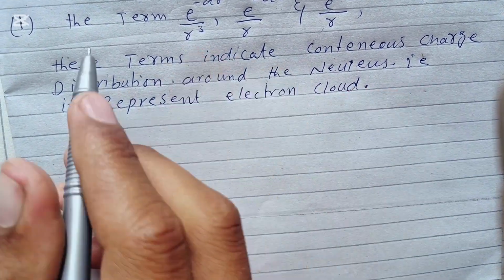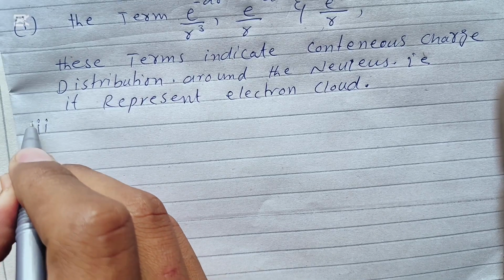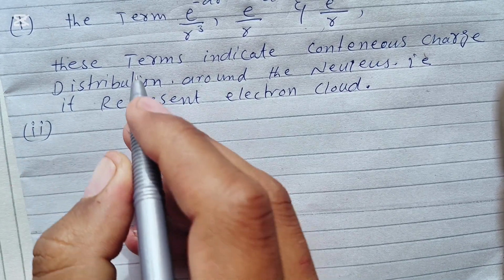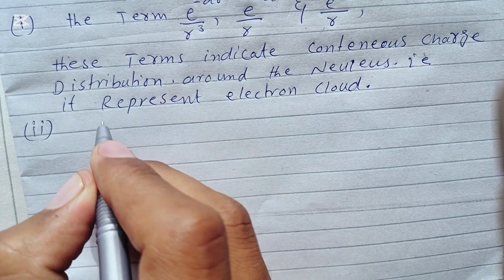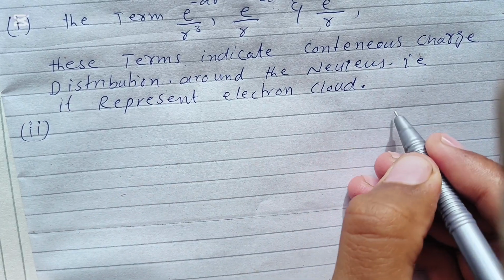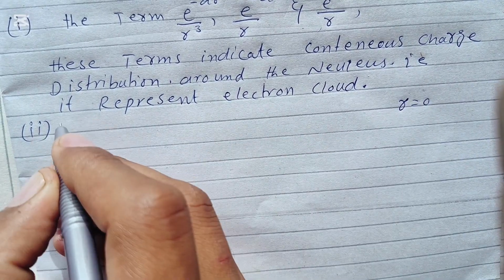And the second point will be the potential at r equal to 0, when we put r equal to 0.